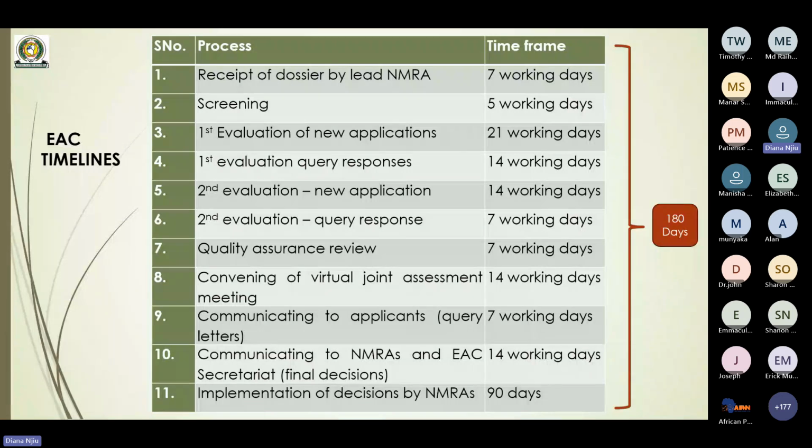Then the outcome of the evaluation is communicated to the applicants, the final decision is communicated to the NMRAs and the EAC Secretariat, and the decisions are implemented by the NMRAs. The total of these timelines comes to 180 days, within which, if the product has no issues and the information is acceptable, it should be accepted and approved.